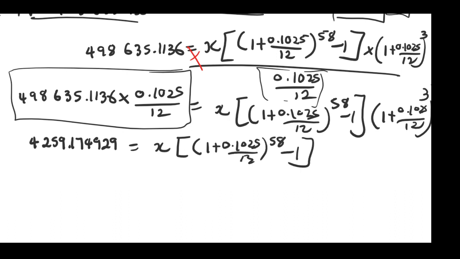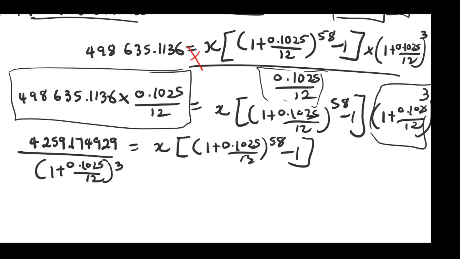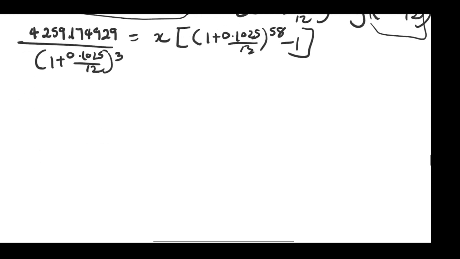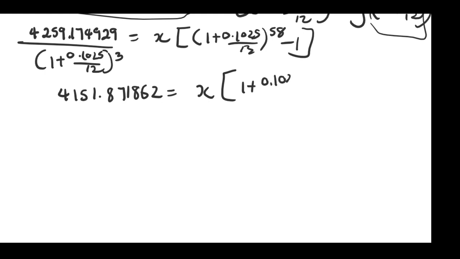And then I'm going to divide with this, so it's going to be divided by 1 plus 0.1025 over 12 to the power of 3. And then from here, I'm going to get an answer of 4151.871862, equals x into 1 plus 0.1025 over 12 all to the power of 58 minus 1, and then you divide by this.